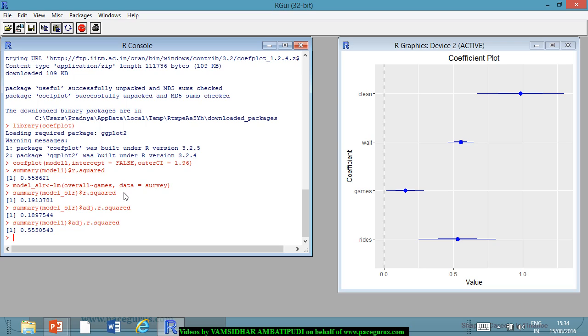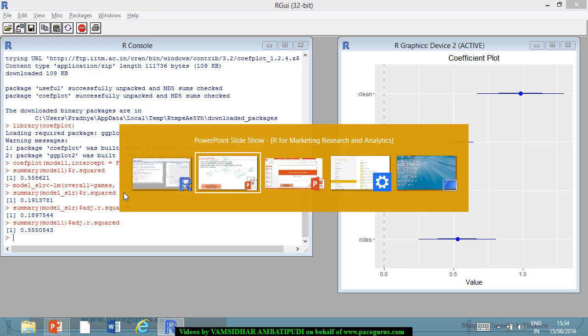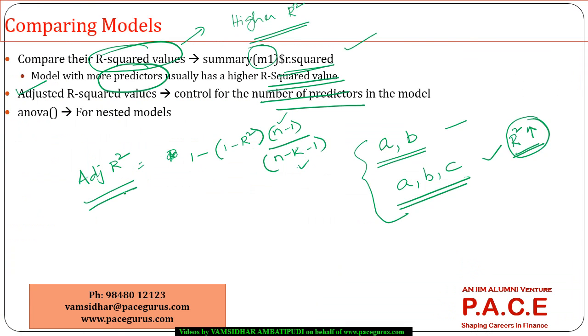So even from the adjusted R squared perspective, the multiple regression model has a much higher adjusted R squared value. So I can still say that model 1, the multiple regression model, is the more appropriate model in this regard. So that's one more way.